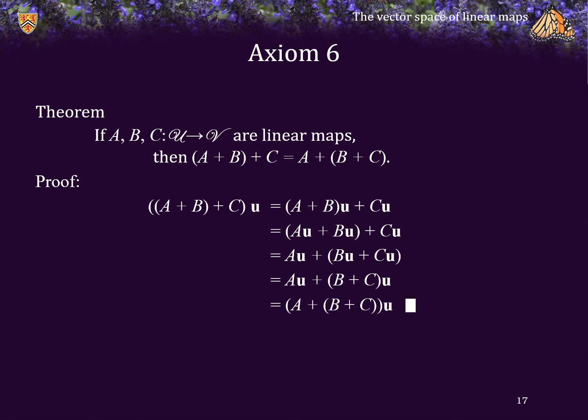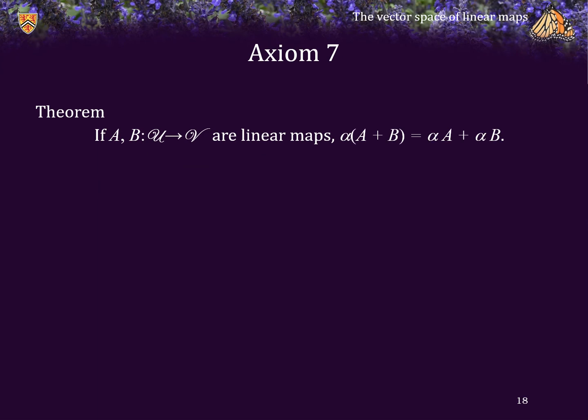Thus, A plus B all plus C is equal to A plus the sum B plus C. Thus, linear maps under addition are associative.